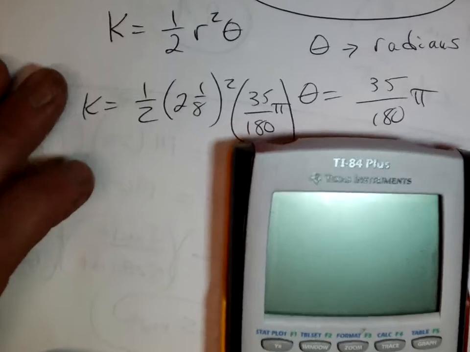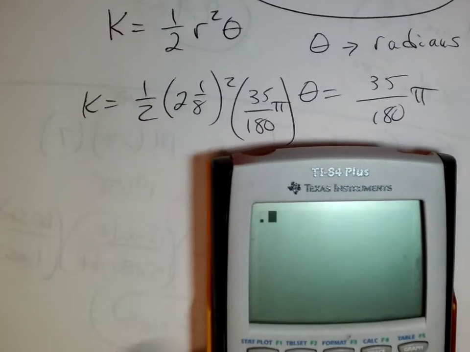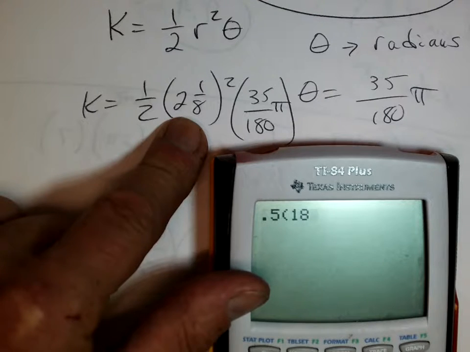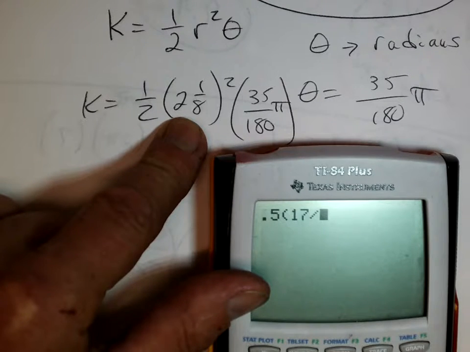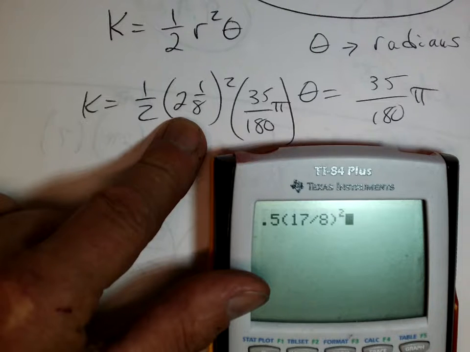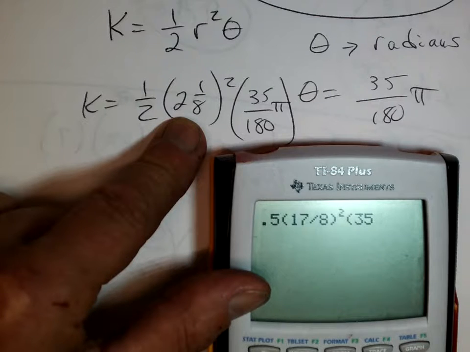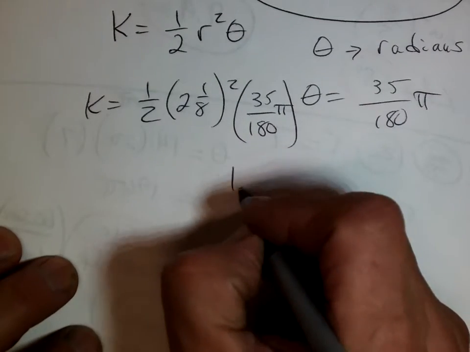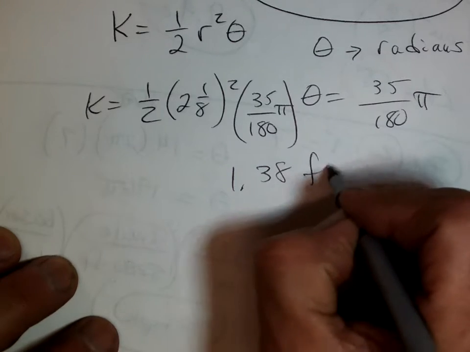And I'm just going to use my calculator to do that. Let's see, what do I got? All right, I'm going to go 0.5 times parentheses 17/8 squared times 35 pi divided by 180, and I get an answer of about 1.38 feet squared.